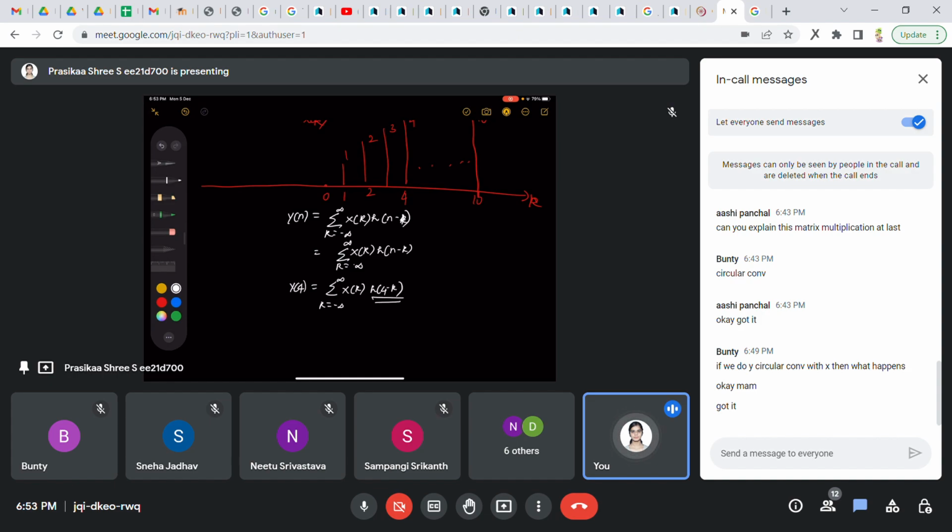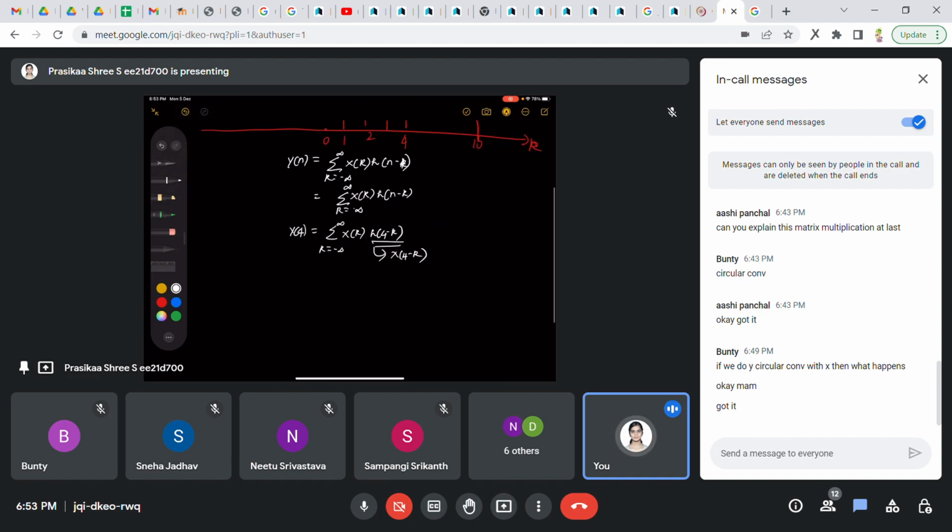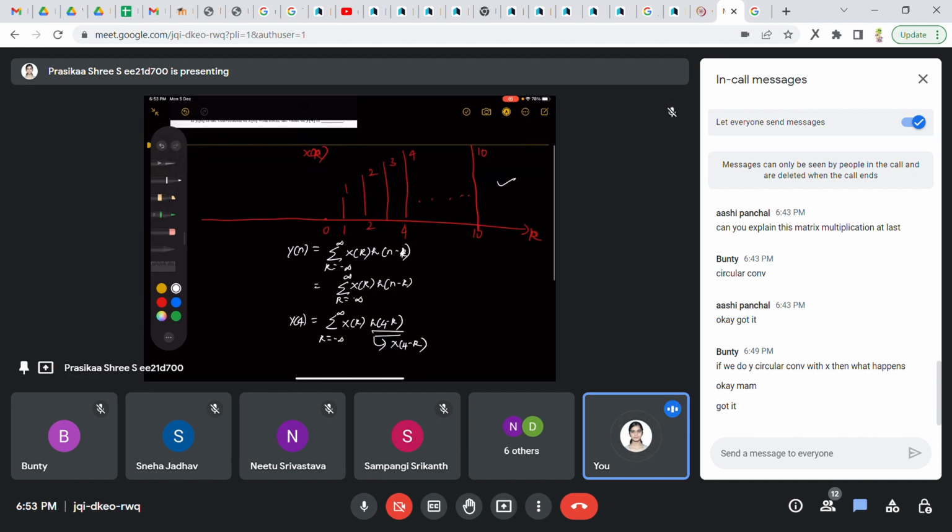So how do you plot this? This is nothing but x of 4 minus k. You have x of k. How do you plot x of 4 minus k? You can go on with summation. You can expand this, substituting k equal to 0, 1, 2, like that also you can go.